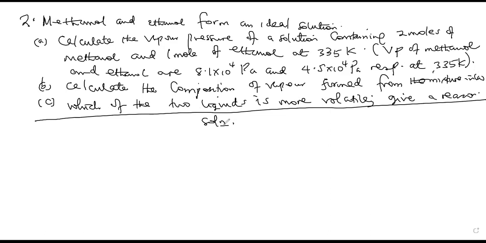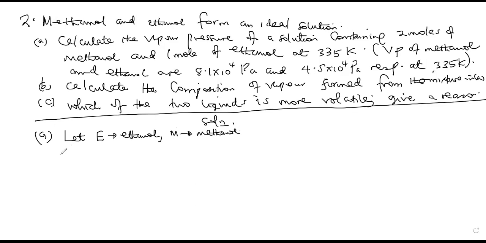Methanol and ethanol form an ideal solution. Yes, meaning that the moment they say form an ideal solution, the aspect of Raoult's law should start clicking. Now, for part A, let E represent ethanol and M represent methanol. Now they want me to calculate the vapor pressure of a solution.